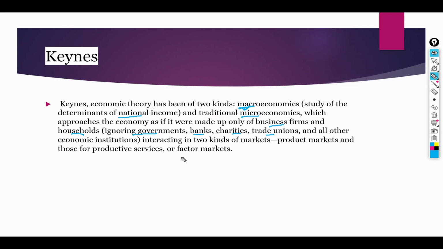Okay. So interacting in two kinds of markets: the product market and the market for productive services, or the factor market. This is the basic intro of what Keynes tried to propose. There are very detailed studies about Keynes that we need not go into.